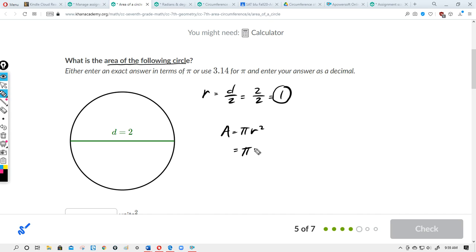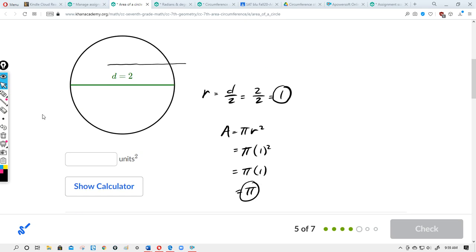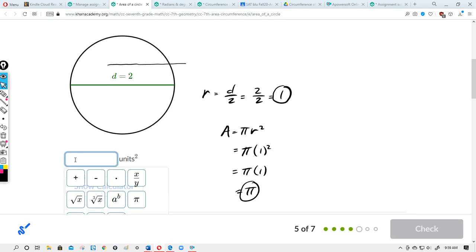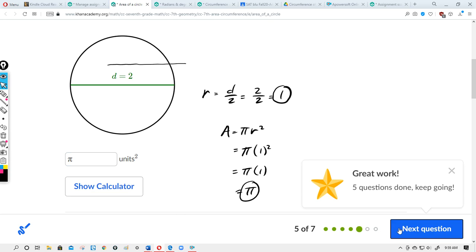R squared is just going to be 1 squared. And 1 times 1 is just 1. So that just equals pi. So all you have to do is type pi, and it makes it pi. Or you can click the pi right here. If you didn't use the shortcut, it would have been 3.14.